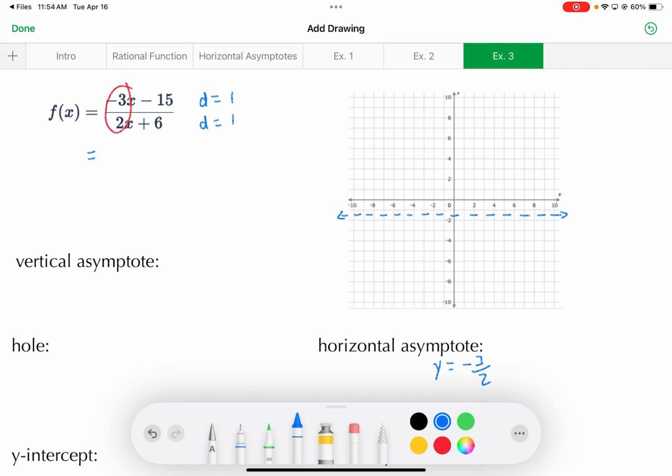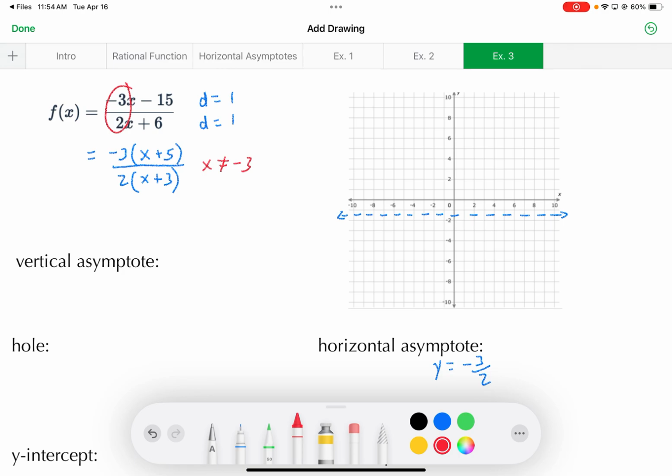Okay, then let's factor numerator, pull a -3 out. Denominator, pull a 2 out. Looking at the denominator, I could say we're undefined at -3 for x. Now, after factoring, nothing reduces, right? I cannot simplify that any further.